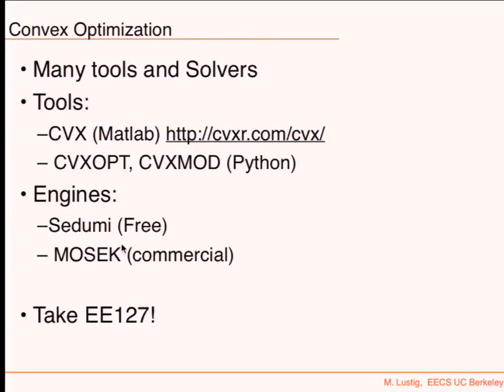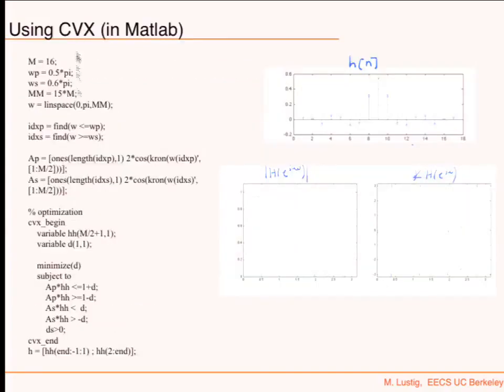If you take 127, you'll understand how to do this. But here's just the MATLAB code that uses CVX, okay, in order to solve this. What you do is you have all these parameters about M. You construct these matrices, AP and AS, and then just write the optimization problem, and voila, you get the result. Okay? So this is kind of to encourage you.